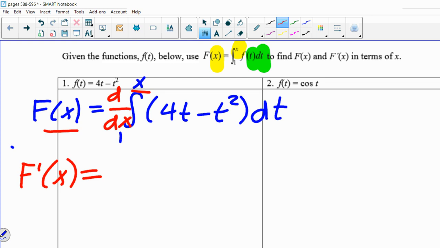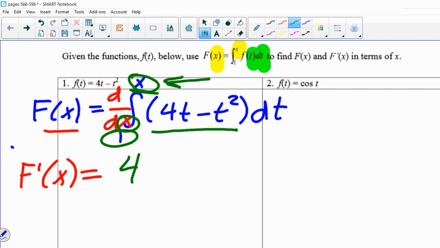Remember, a derivative and an integral are inverses when you're integrating from a constant to a variable, and that variable matches. So we know that the derivative and the integral are inverses, they will cancel. So it's this function evaluated right here, 4x minus x squared.